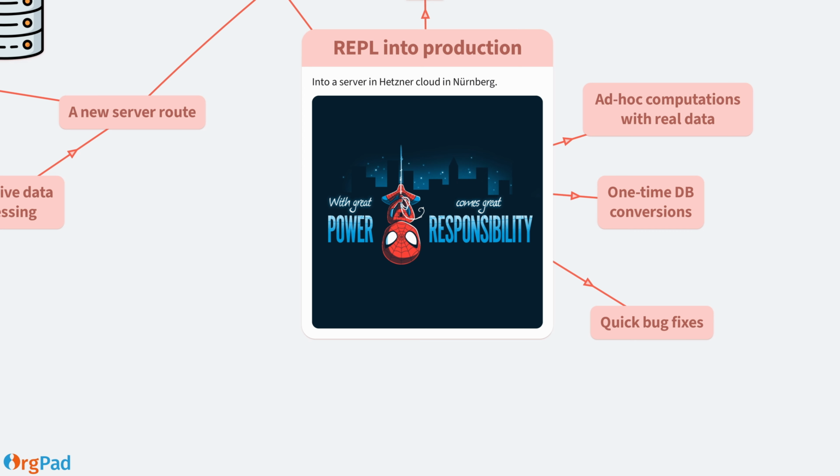Similarly, we can also use REPL to do quick bug fixes. Sometimes our users notice some bug and it's something really easy. I can just fix it in our server code and immediately reload the fixed functionality without having to redeploy the server.